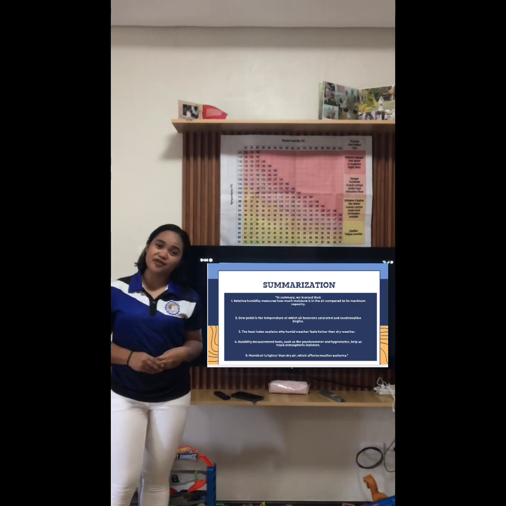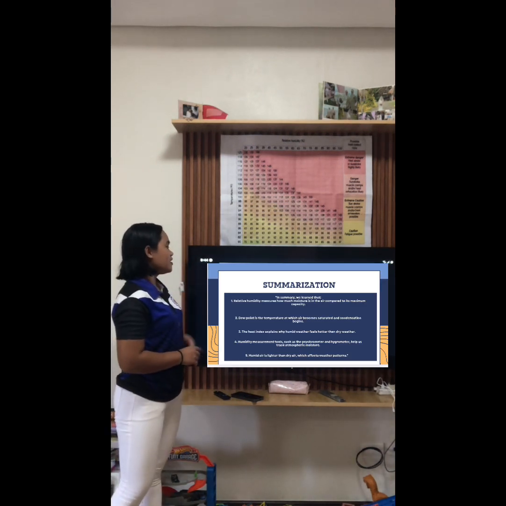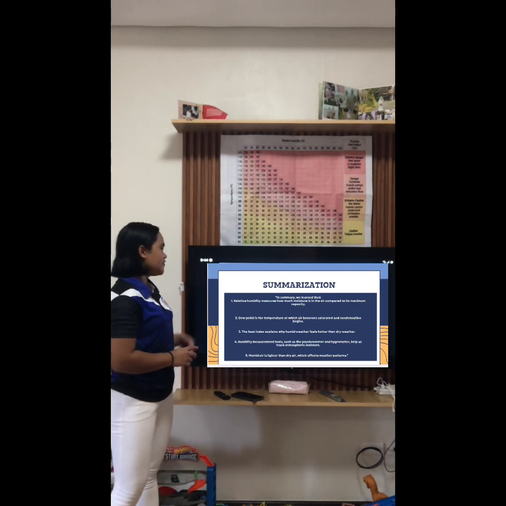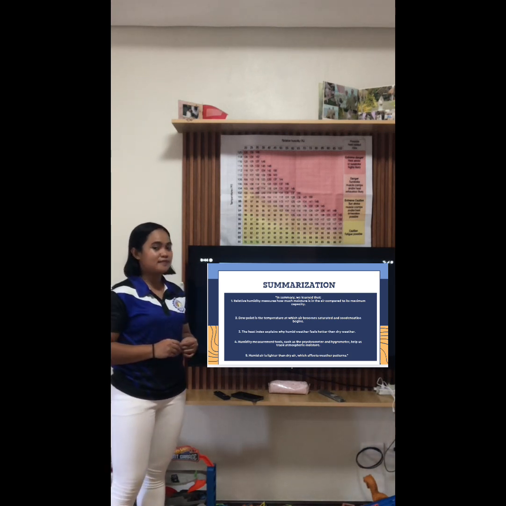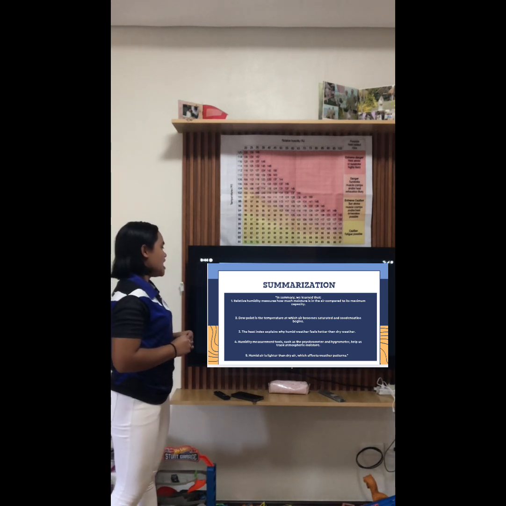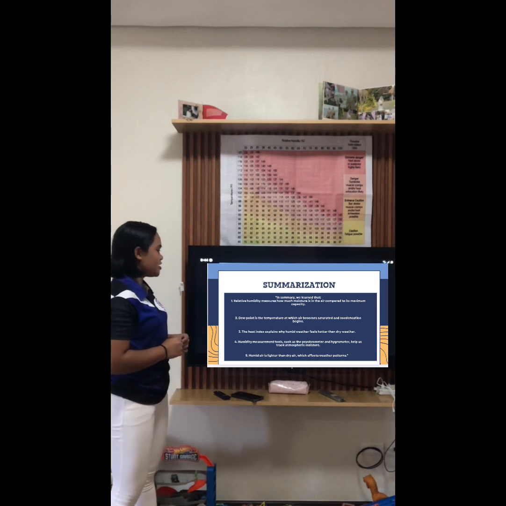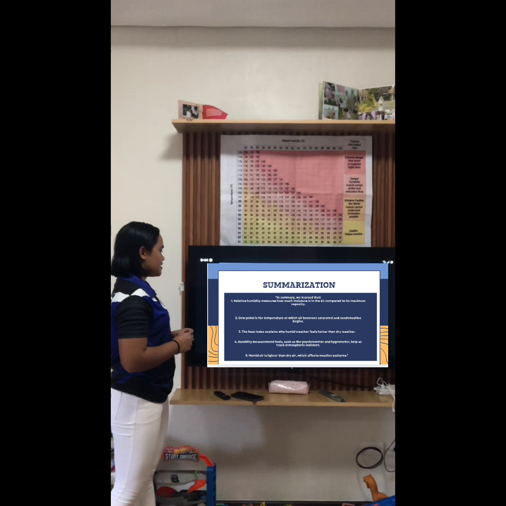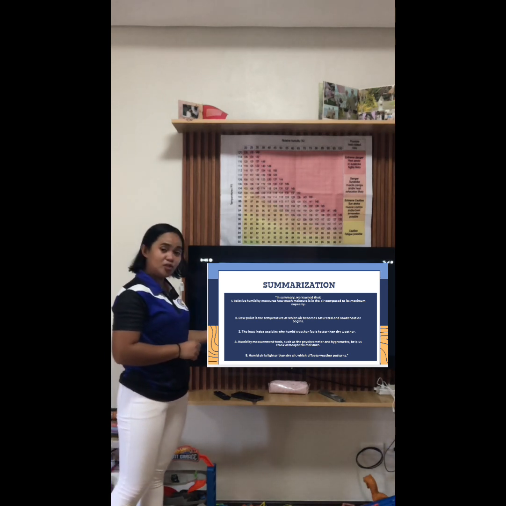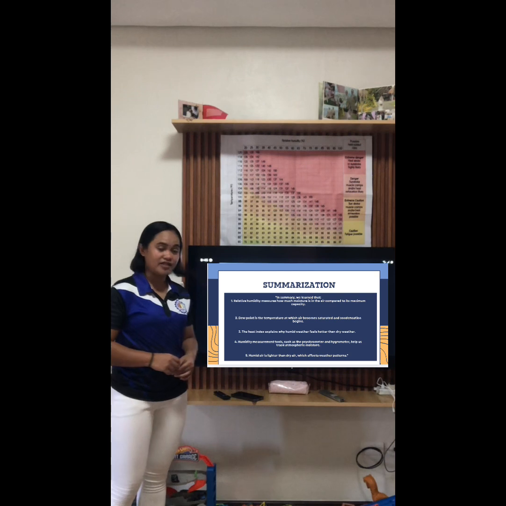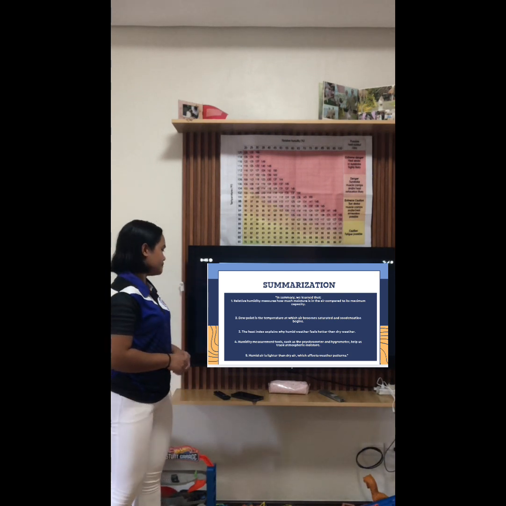Now for our summarization. In summary, we learned that relative humidity measures how much moisture is in the air compared to its maximum capacity. Dew point is the temperature at which air becomes saturated and condensation begins. The heat index explains why humid weather feels hotter than dry weather.